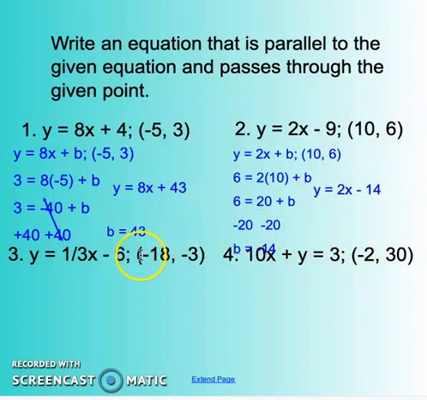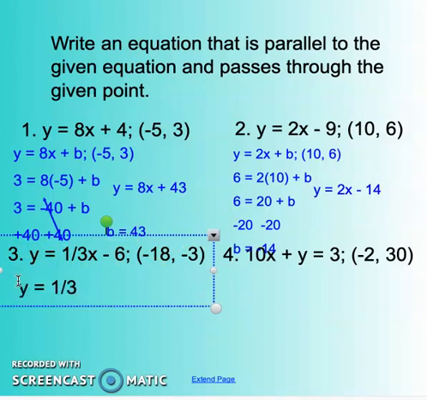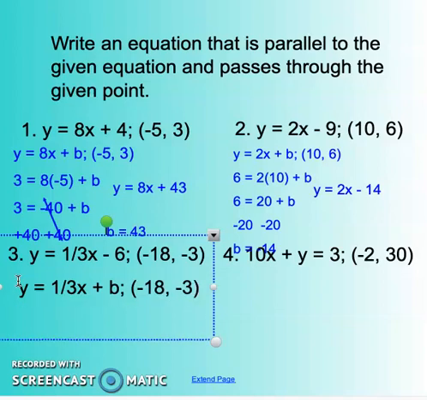Now what if we have some fractions in there? Actually, we still do the same steps. Our parallel line will have the same slope, and we're still going to need to plug in our point. And so our -3 will go for y. And then we have 1/3 times -18.